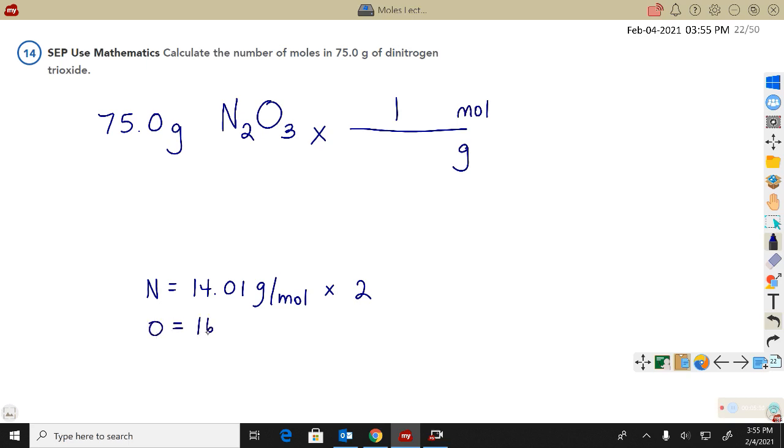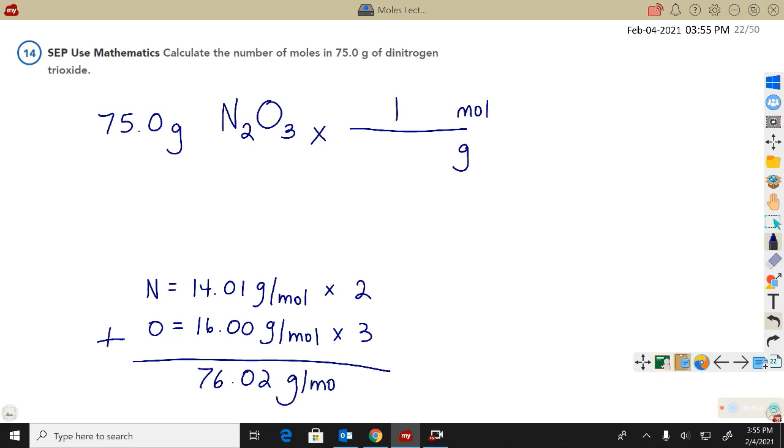Oxygen is about 16 grams per mole times 3. There we go. We add it up, and then it's going in my proportion. 14.01 times 2 plus 16 times 3. Fantastic. I'm getting about 76.02 grams per mole, and that goes in my proportion.